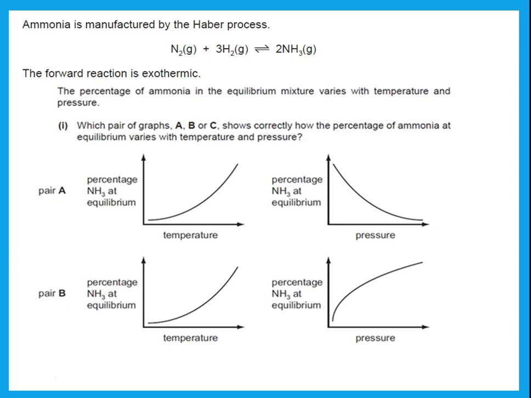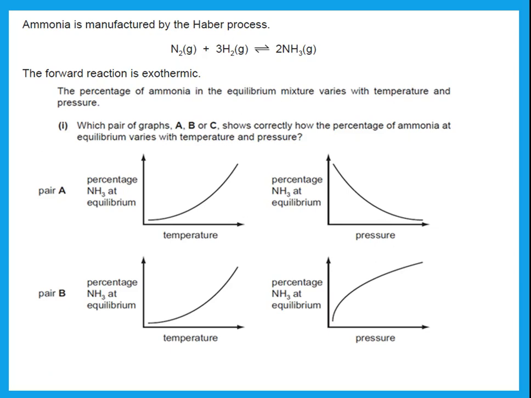The forward is exothermic. That means if I increase temperature, what happens? Well, we said if I increase temperature, it will actually go backward. So the percentage of ammonia should decrease, not increase as graph in A says. So A is wrong because the temperature is wrong, and without even looking at the graph for the pressure.